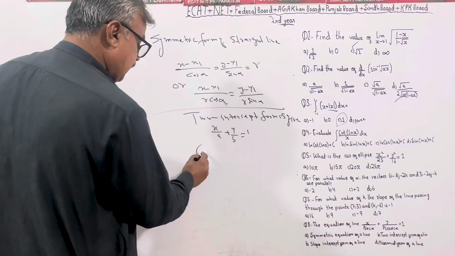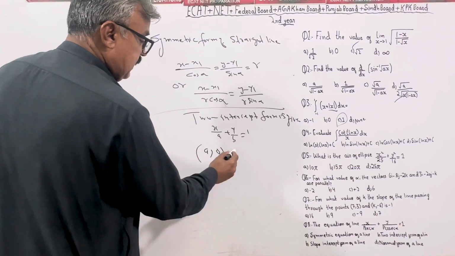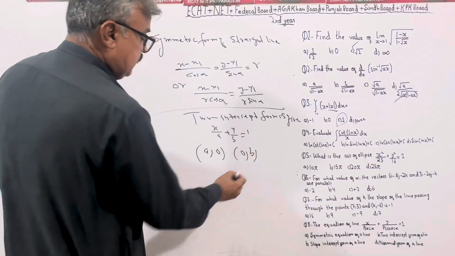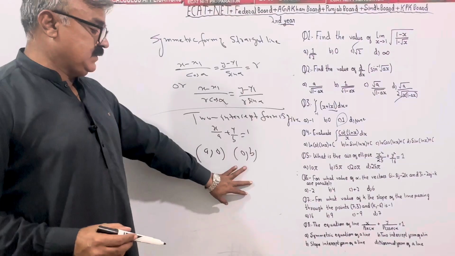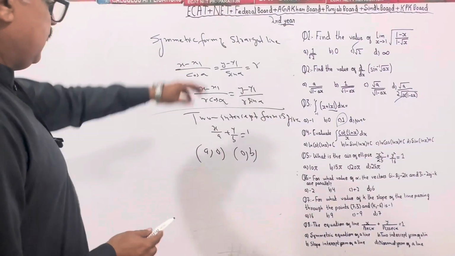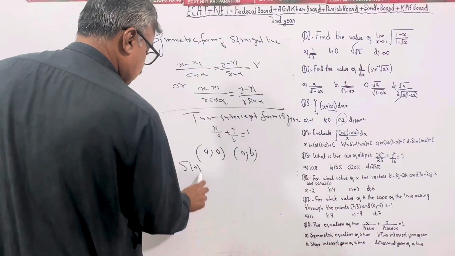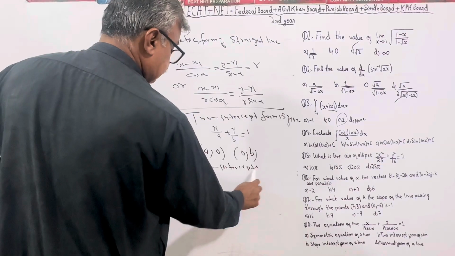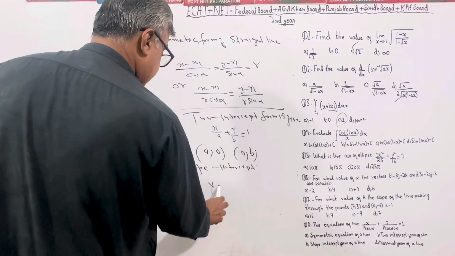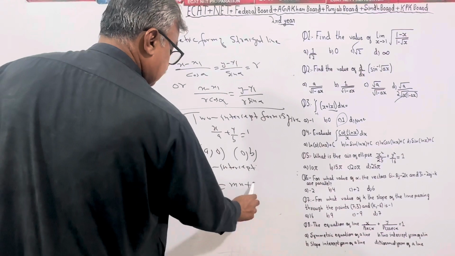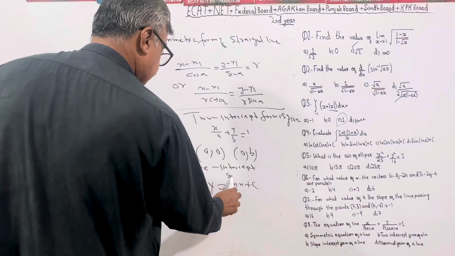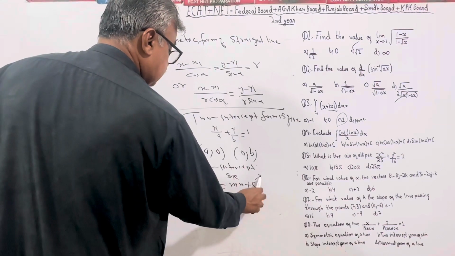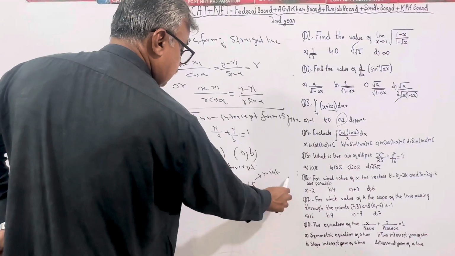Where x intercept is a, 0 and y intercept is 0, b. Then slope intercept. I have just mentioned slope intercept. Slope intercept means y is equal to mx plus c. This is our slope, and c is our y intercept.